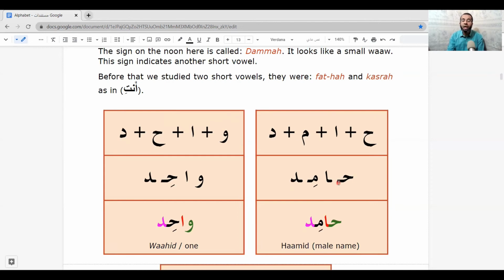So we have to say ha, hamid. This word, wa, a, he, d, واحد. واحد means one.